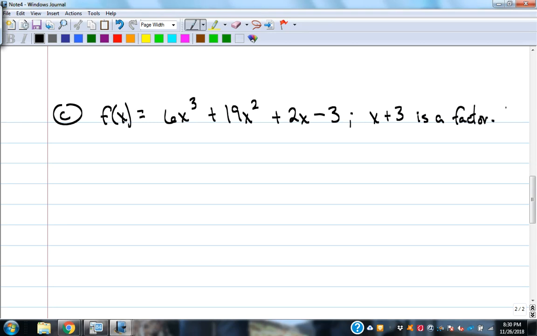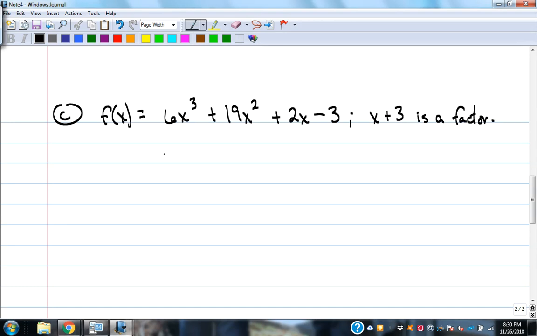When they say it is a factor, what does that mean we should get when we do the division as the remainder? 0. If we don't get 0 as a remainder and they said it is a factor, then we did something wrong. So we know we've got to redo that.